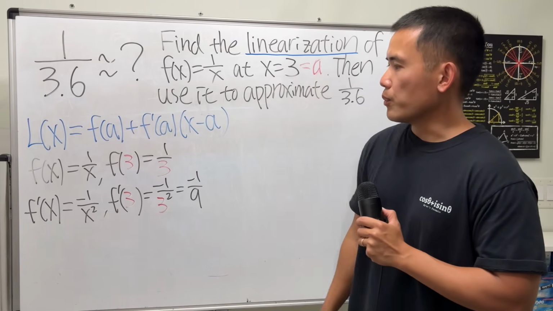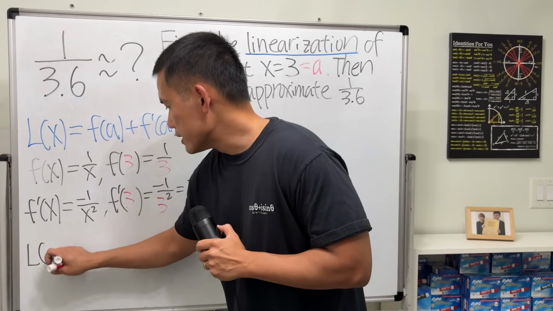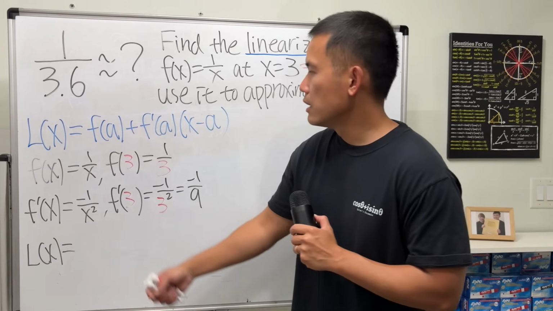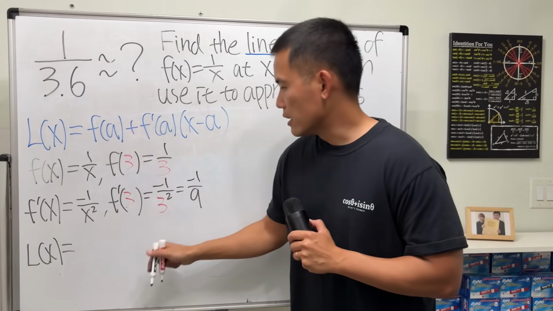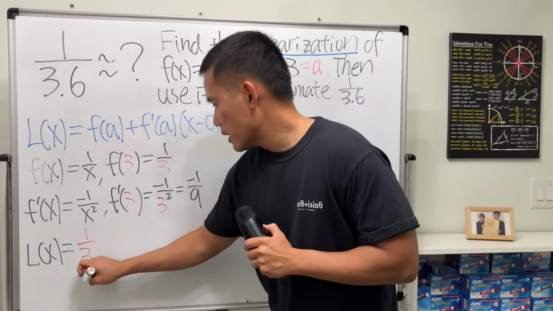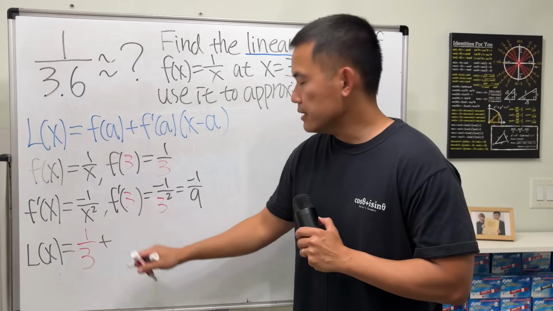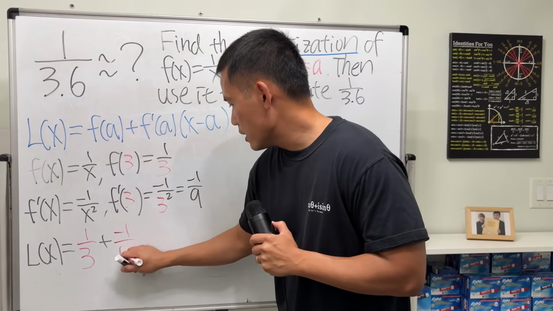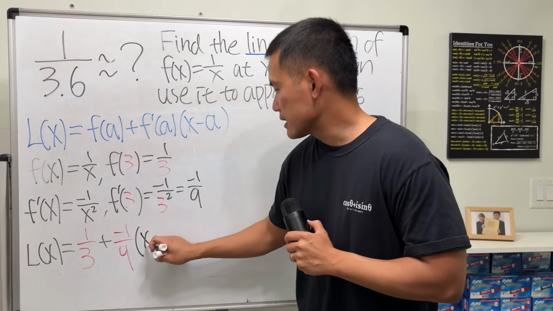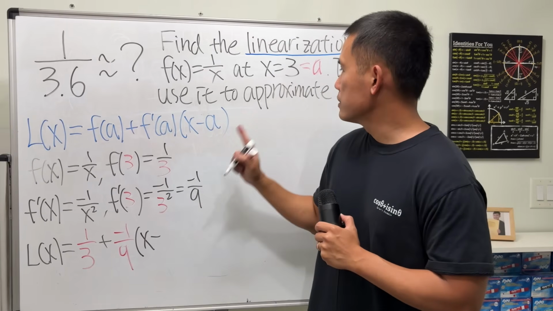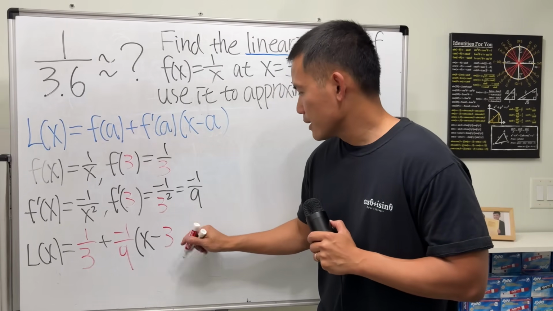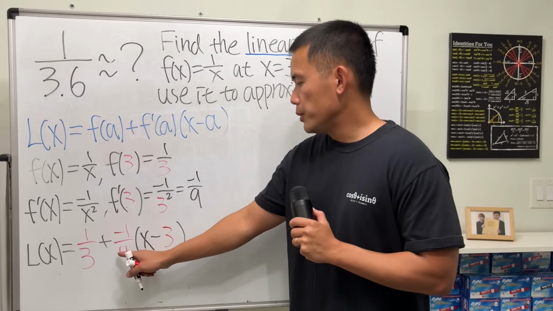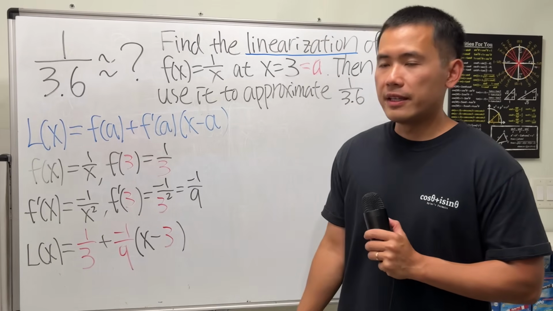Now let's use this formula. Our linearization is f of a, which is 1/3. And then we add f prime of a, which is negative 1 over 9, times x minus a, which is 3. And now we can distribute the negative 1 over 9 and then combine the numbers.